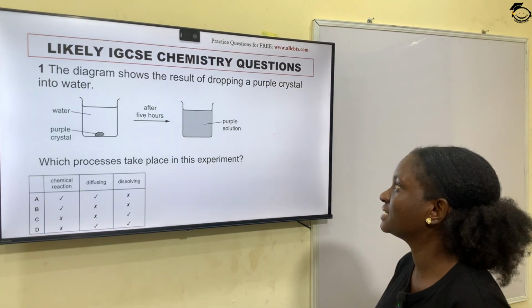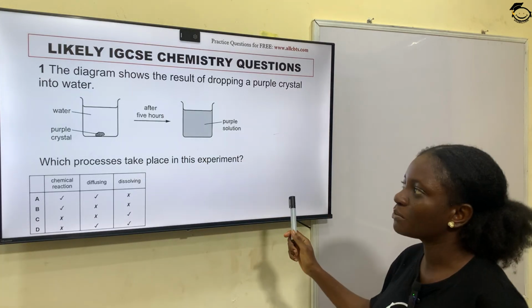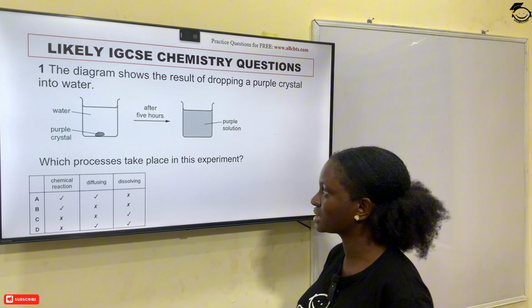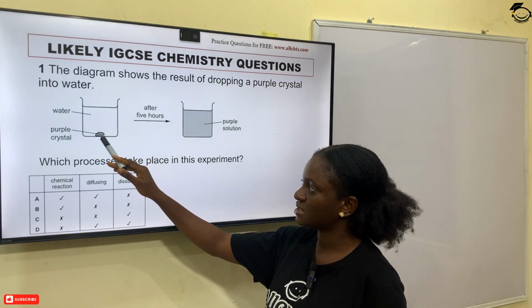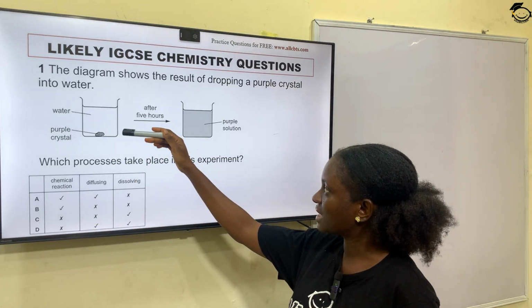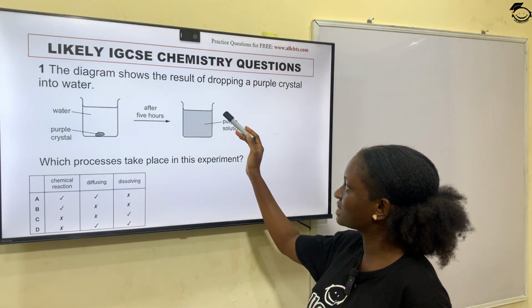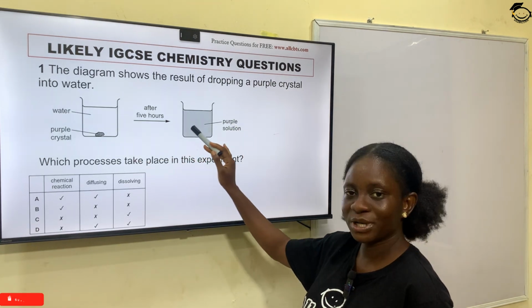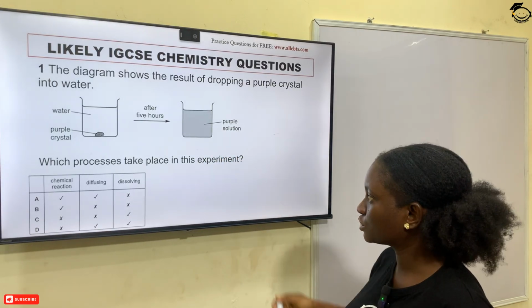Question 1. The diagram shows the result of dropping a purple crystal into water. Looking at the diagram, we have a purple crystal in solid form in water, and after 5 hours we can see that the purple crystal has dissolved in the water, forming a purple solution.